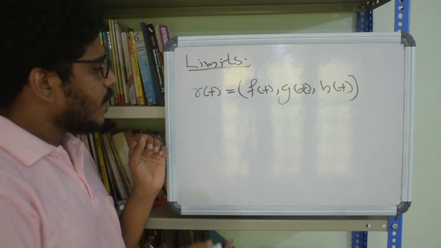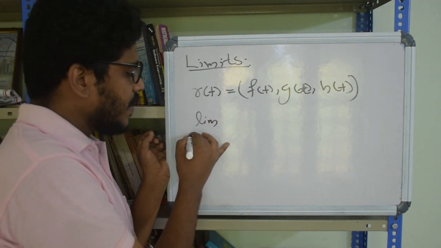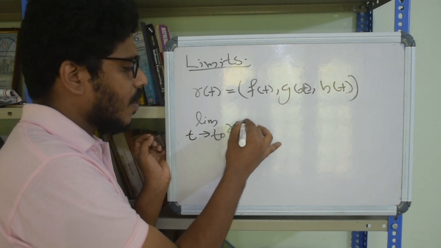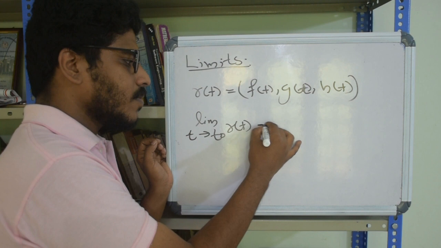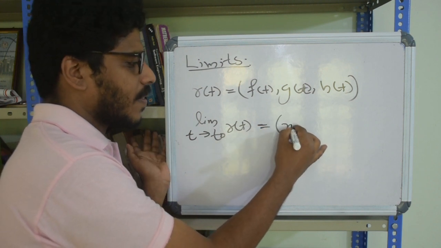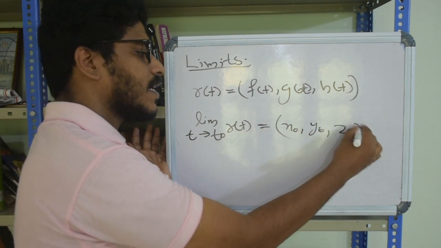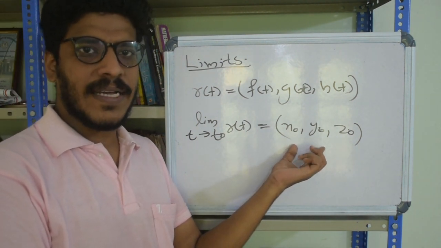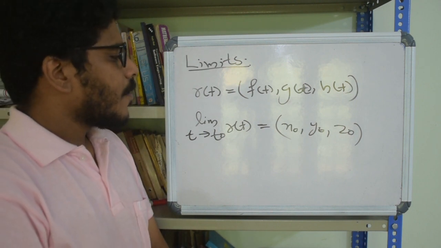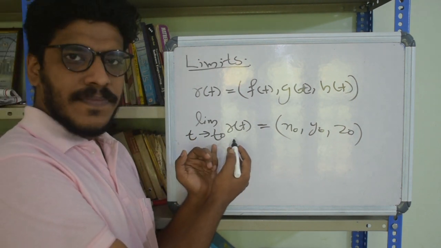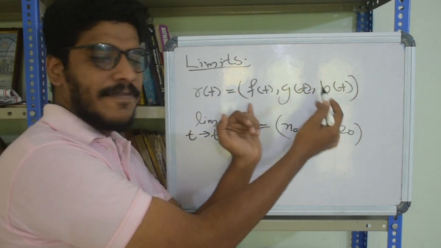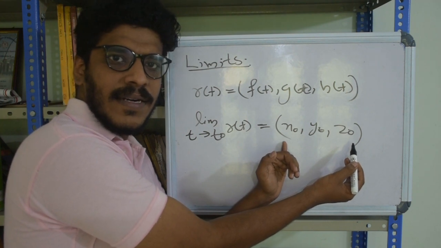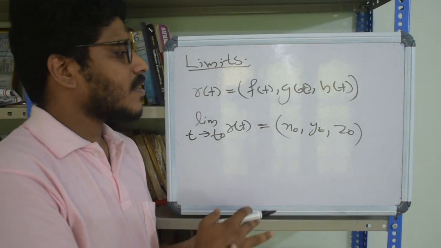Then limit t tends to t naught r of t equal to some x naught, y naught, z naught. This may not be a real number then. It means as t goes to t naught, the value of the function as a vector has a tendency to move towards this vector. We'll see clearer ideas in examples.